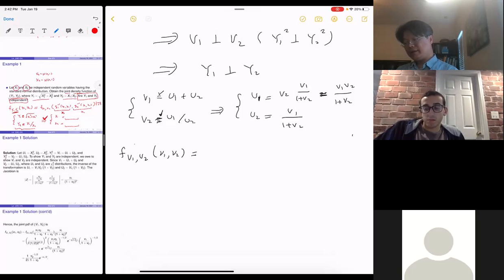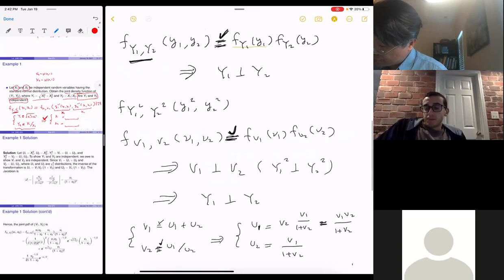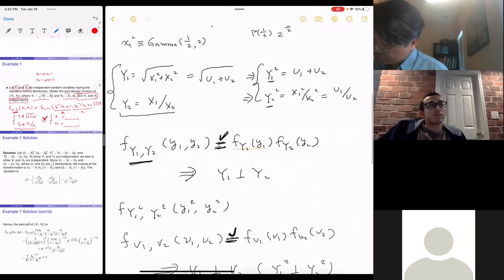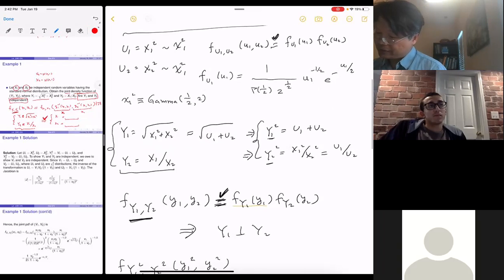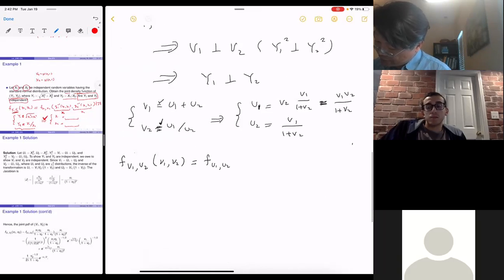And then you told me that it comes from the old PDF. Old PDF would be U1 and U2. Make sure on that. Yep, I think so. Okay, right here. Good.